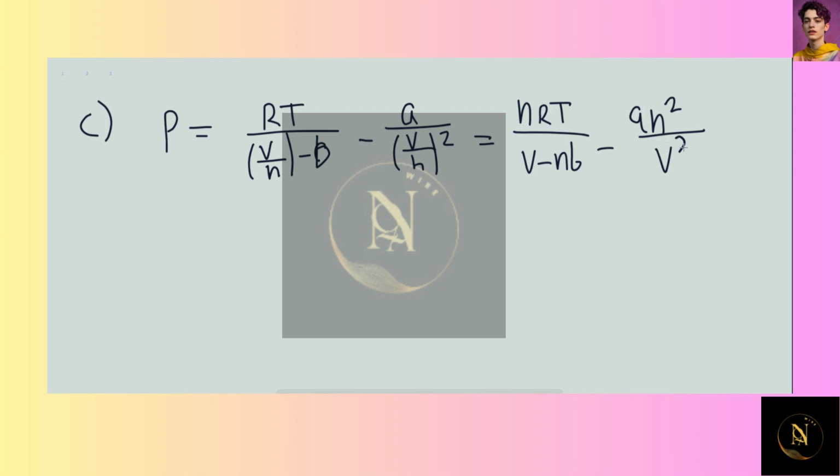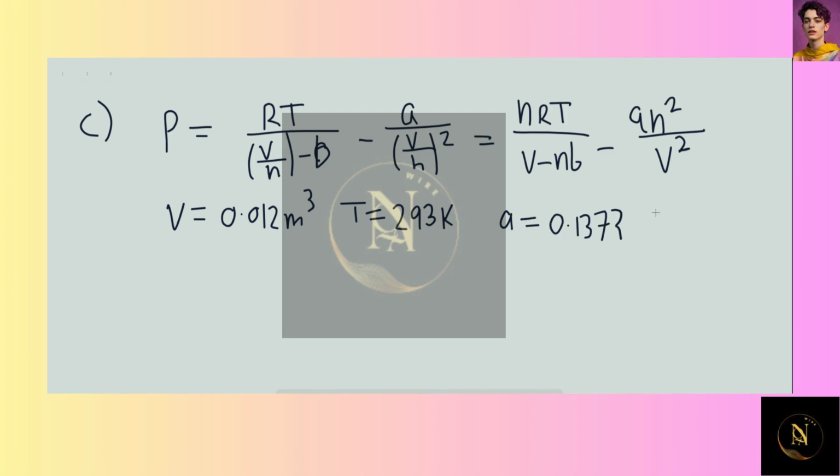Okay, so we're going to use the exact same values as in part B for the volume. So the volume is 0.012 meters cubed, temperature is 293 Kelvin as before. And we have our values A and B from before. What was A? Right, it was 0.1373.